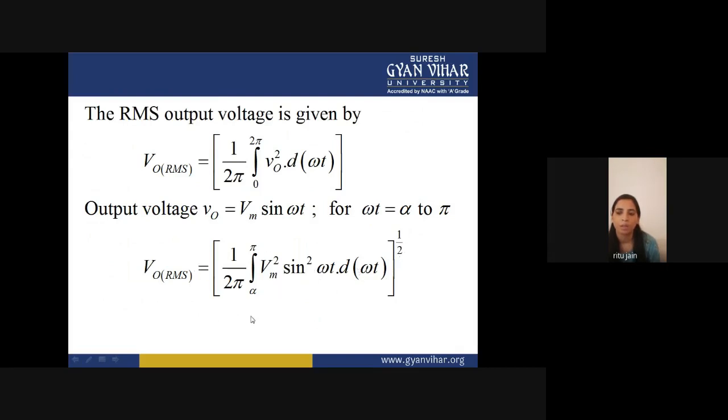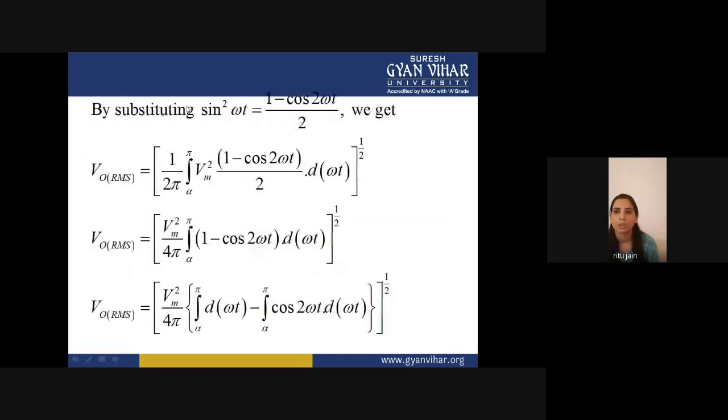After calculating this equation, you can easily get the output RMS voltage. Substituting sin square omega t equal to (1 minus cos 2 omega t) upon 2, we get Vo equal to the root of 1 over 2 pi integration alpha to pi Vm square (1 minus cos 2 omega t) upon 2 d omega t.